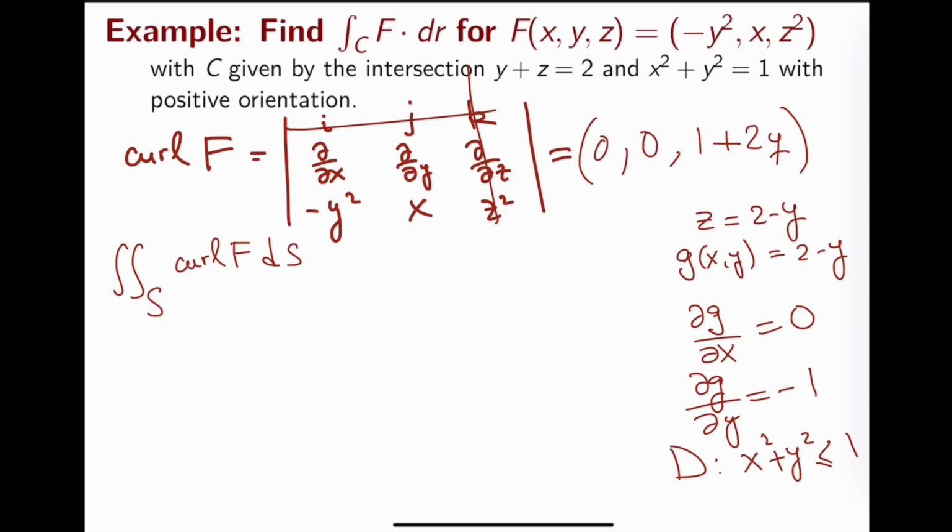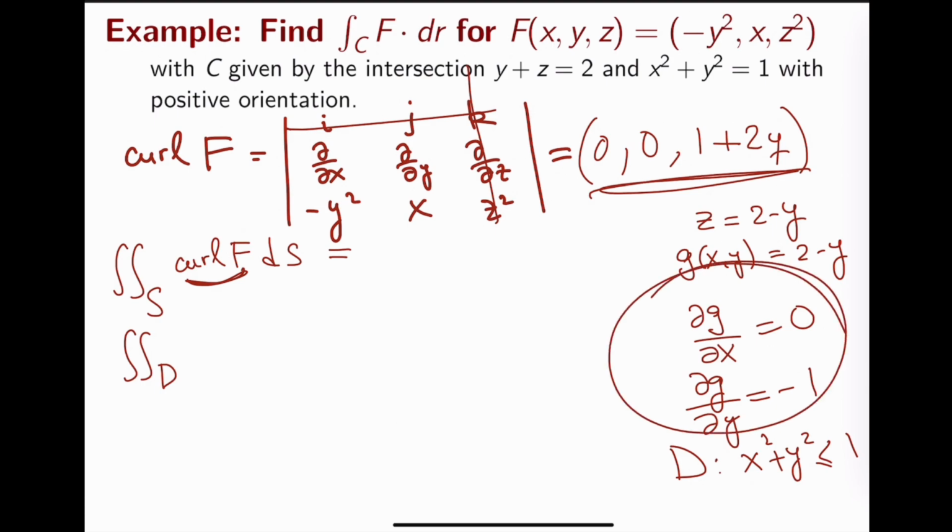Okay, so having all this data, we will calculate the surface integral with a formula that we already know. So that will be the integral over the domain, and here we are going to write the components of this vector, and we are also going to use the partial derivatives.